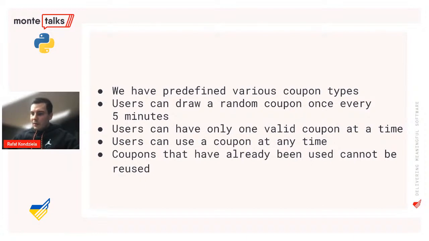Users can draw a random coupon once every 5 minutes. Users can have only one valid coupon at a time. Users can use a coupon at any time, and coupons that have already been used cannot be reused.